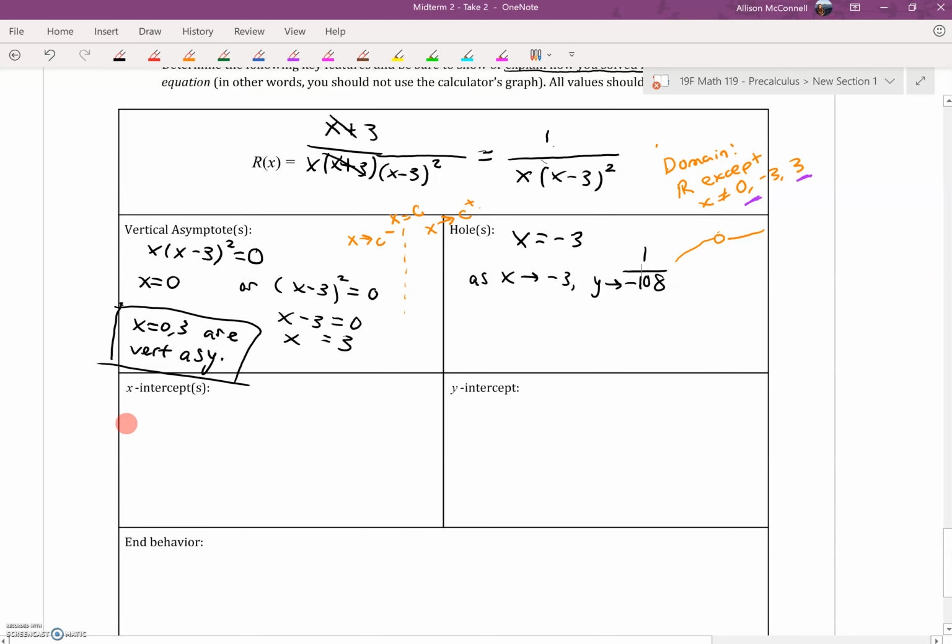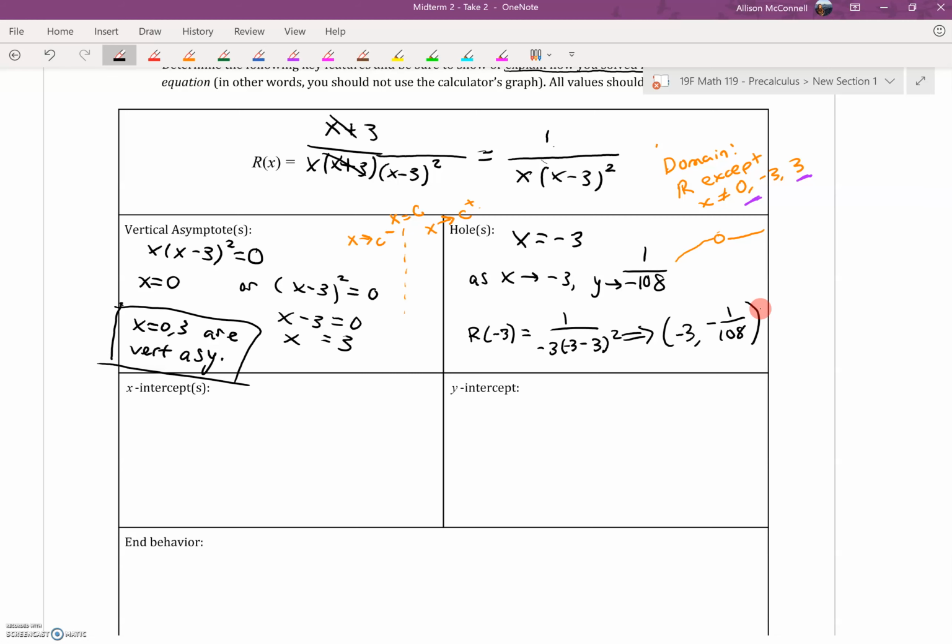You would want to show that you substitute -3 into this equation, since you don't have the oral explanation that we are giving you here. So you would want to make sure you show the substitution, and then you'd want to write your answer as a coordinate. So (-3, -1/108) would be the most appropriate answer for that.